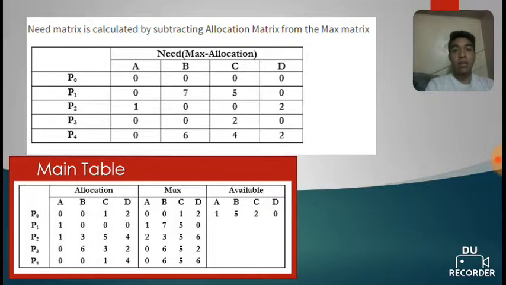In this slide, we have the content of the need matrix, which is calculated by subtracting the allocation matrix from the max matrix. To get the need matrix of each process, we look back at the main table. For process 0, the max matrix has 0, 0, 1, 2, and the allocation has 0, 0, 1, 2.